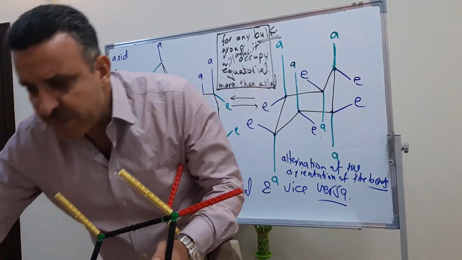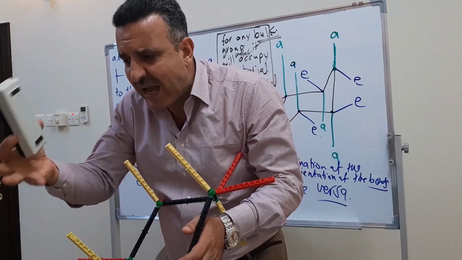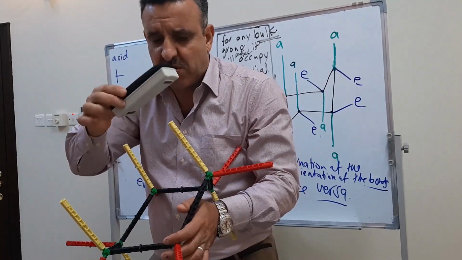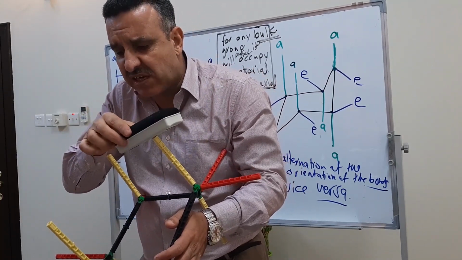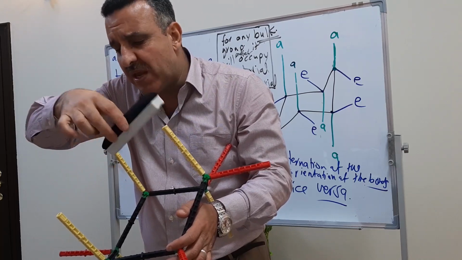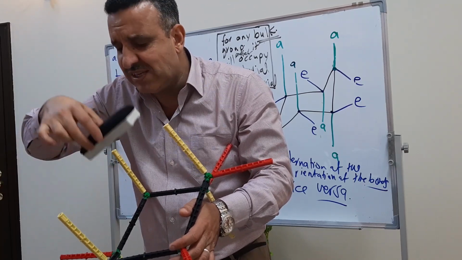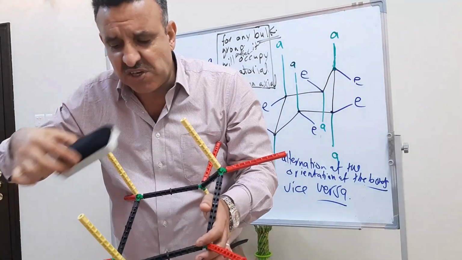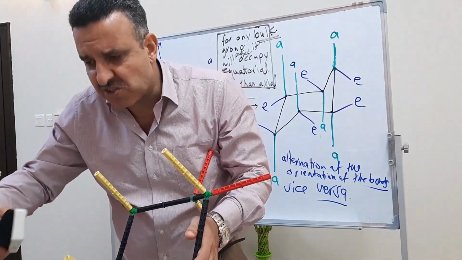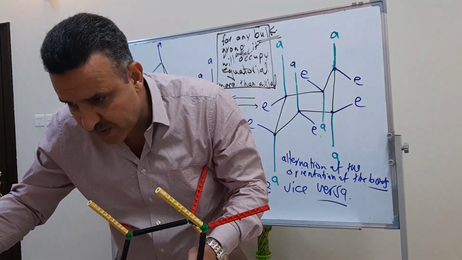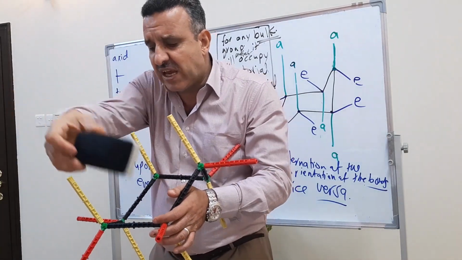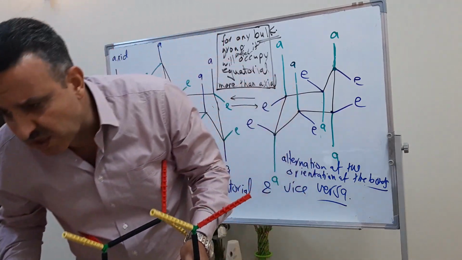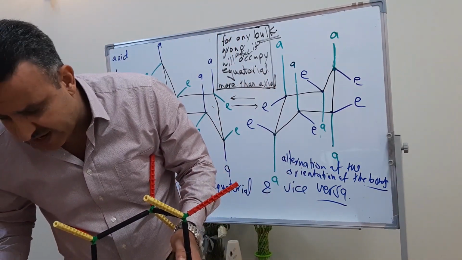So when this big size group, suppose this is the bulky group, occupies the axial position, it will be closer to these axial hydrogens, and therefore we should expect that the situation will involve more repulsion forces. Compared to if it takes an equatorial position, it is far away from this 1,3-diaxial interaction.